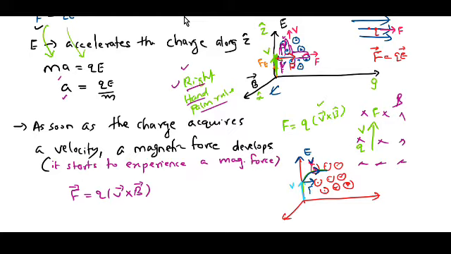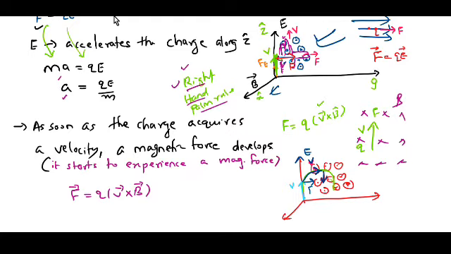Then if you apply again the right hand palm rule, you will see that the direction of the force experienced by the particle will be along this inward direction. That is, the force experienced by this particle is inward. Again, the trajectory of the particle will be changed in this direction.